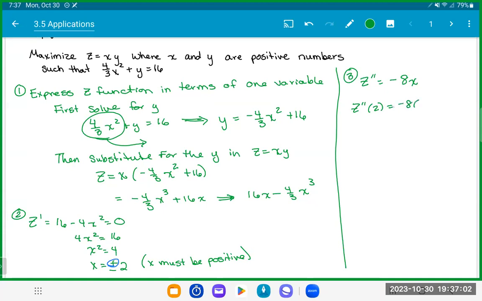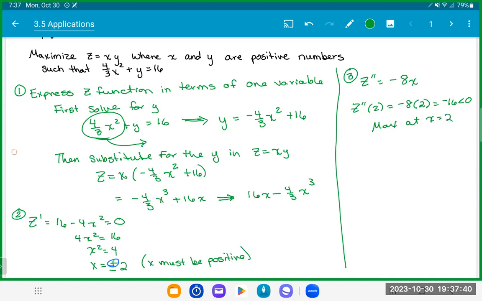That's negative 8 times 2, which is, actually, it's negative 16, so it is less than 0. Since the second derivative is negative, that means we have a maximum at x equal to 2.